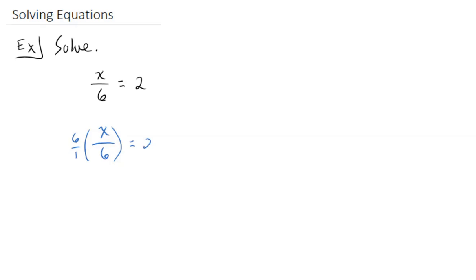And then we can do that so long as we also multiply by 6 on this side. On the left side, they end up canceling out, which is the whole idea of these. What we're choosing is to choose numbers that cancel out the number that's hanging out with x. So that's going to give us x equals 12, which tells us our solution is 12.